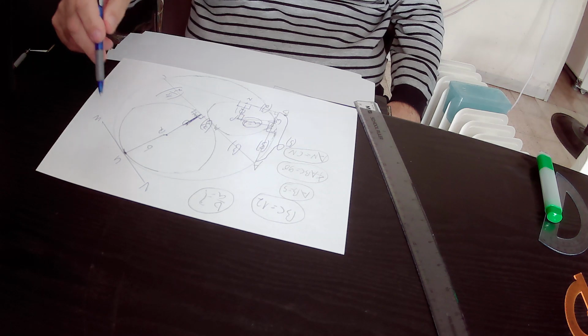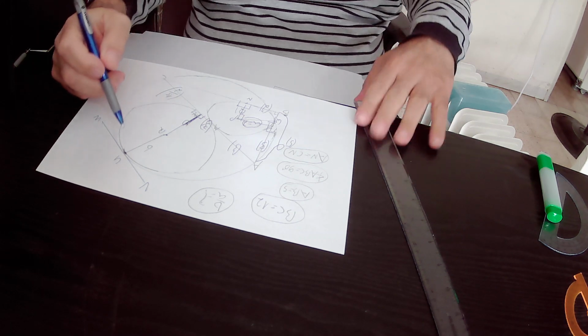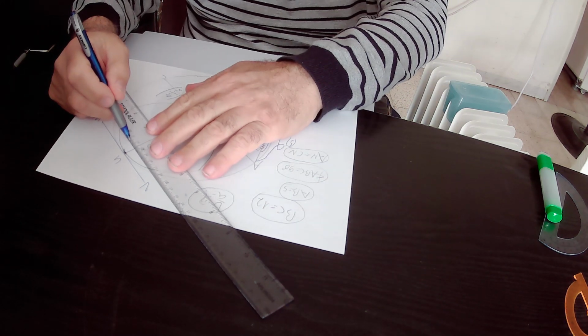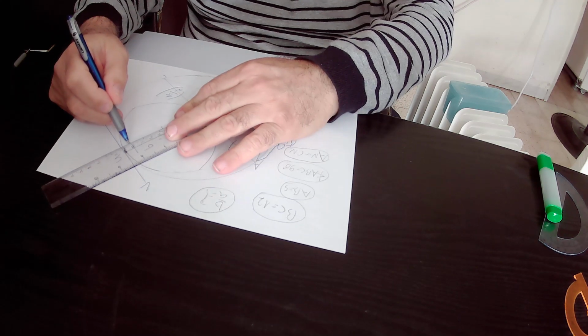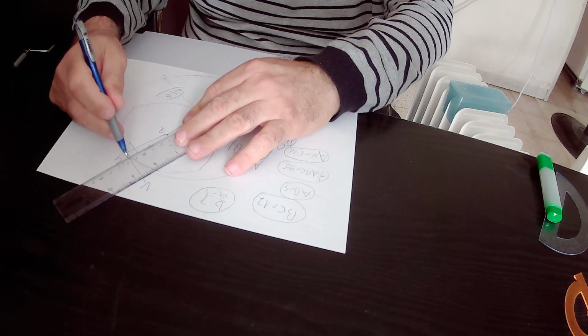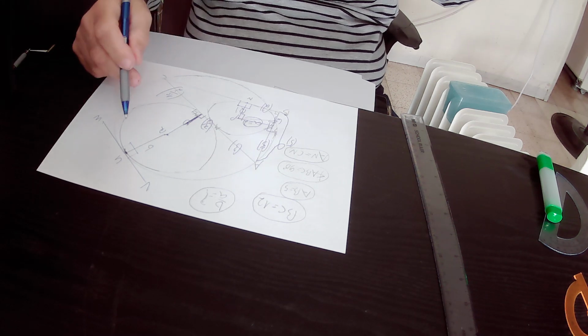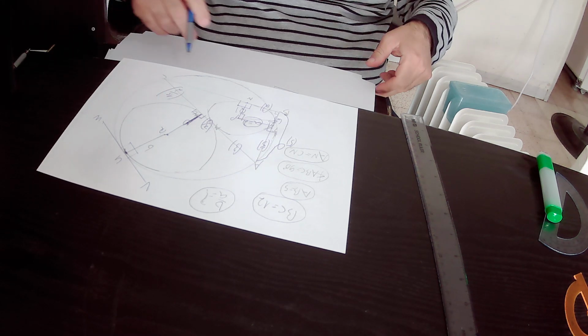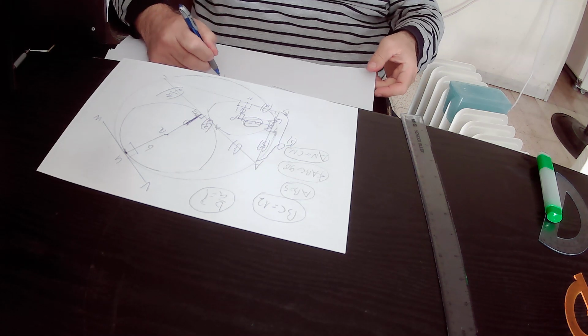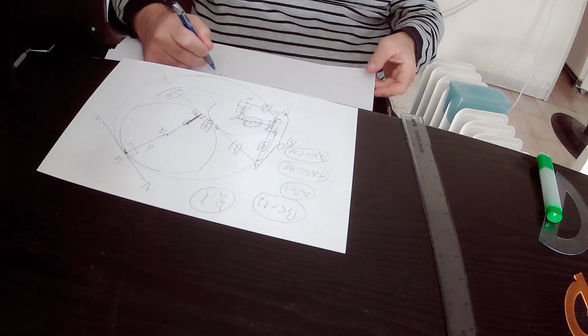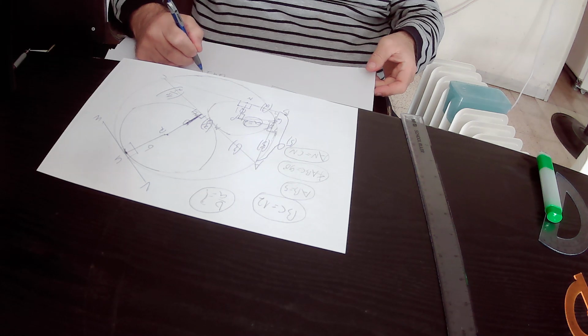If VW is perpendicular to UQ, it means that this angle equals 90 degrees and this angle equals 90 degrees according to rule number 1. So I can write down that QU is perpendicular to tangent VW.